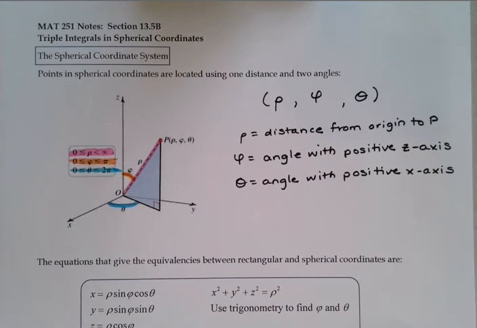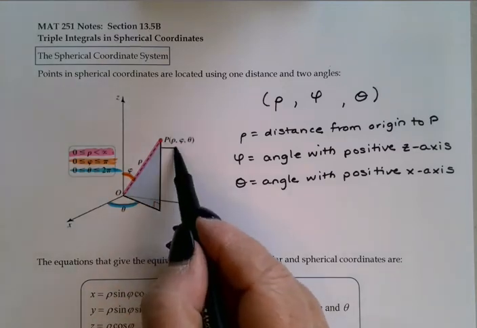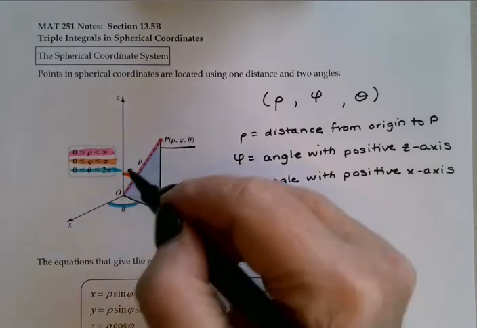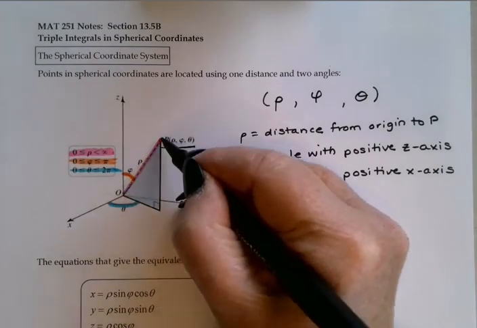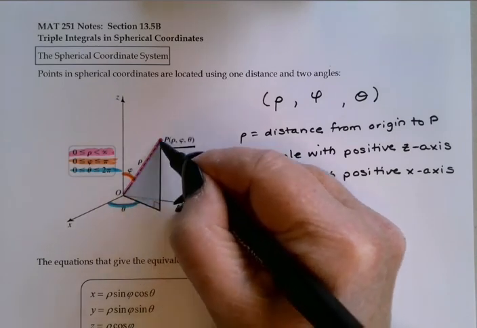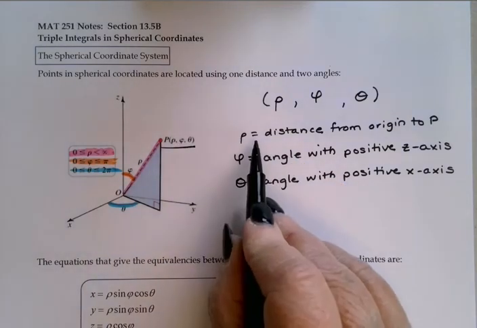This is the most unfamiliar coordinate system that we'll face because you already had some familiarity with polar coordinates, which helped us a lot with cylindrical. This one, though, is quite new to us. So again, if our point P has coordinates rho, phi, and theta, imagine this line that runs from the origin to P. The length of that line, that distance, is rho.